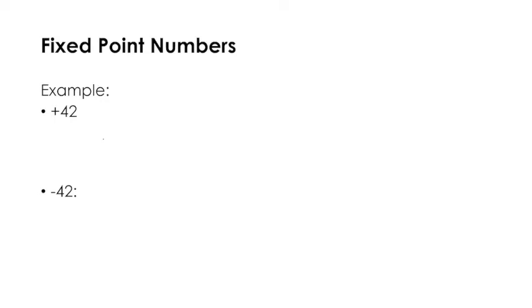For the sign bit, this is positive, so the sign bit is 0. And to get the magnitude of 42, it is 32 plus 8 plus 2. So the value for this will be 0, 1, 0, 1, 0, 1, 0. So this is the answer for the positive 42.